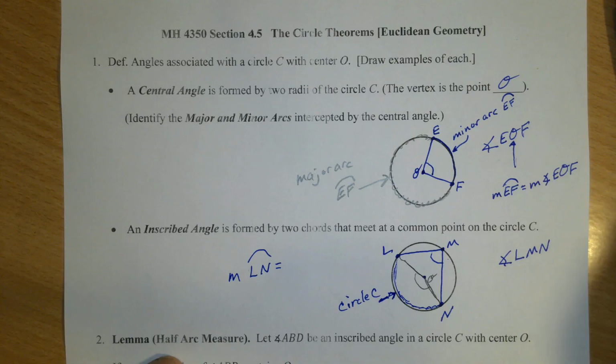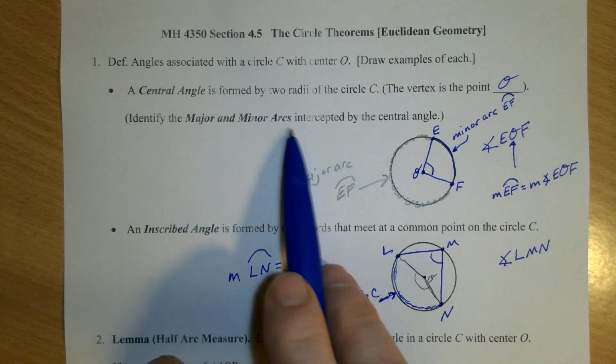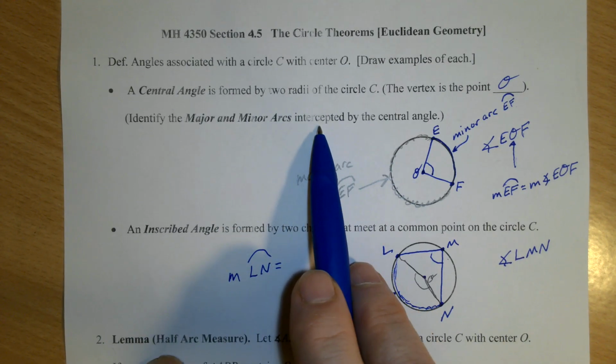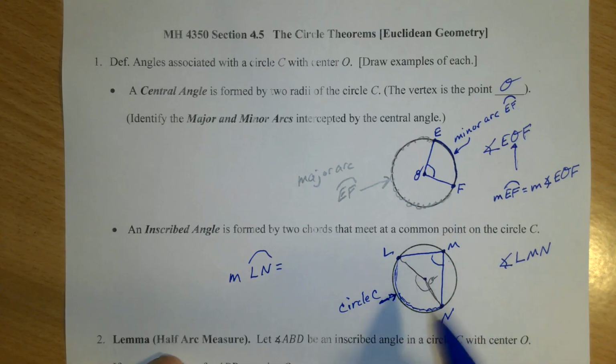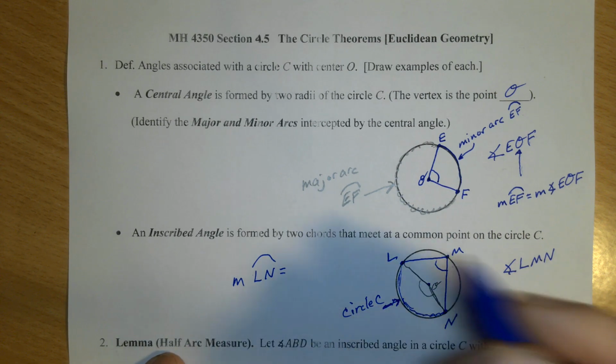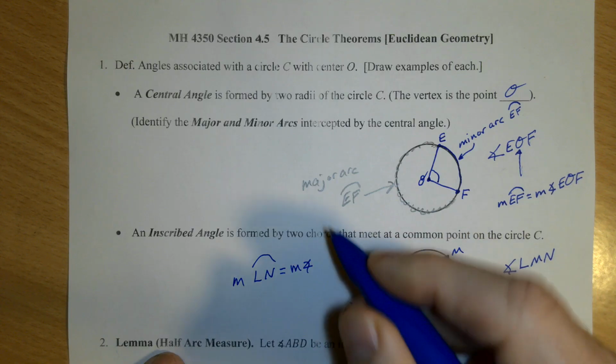That would be the measure of this arc. Let me rephrase it here. The minor arc is the measure of the intercepted central angle. So the measure of this angle, which would be the measure of angle LON.